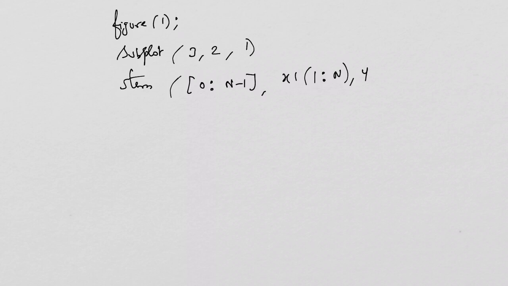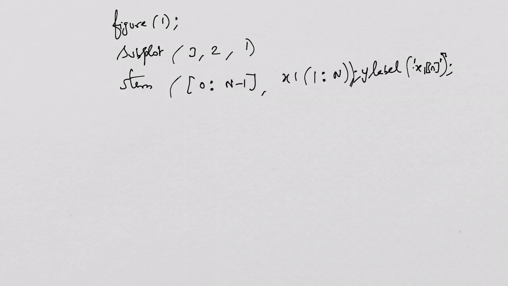Let me produce the label also. What is the label? Y label. We used to say it is x1 of n, isn't it? So x1 of n. If I put square bracket, I don't find any difficulty.